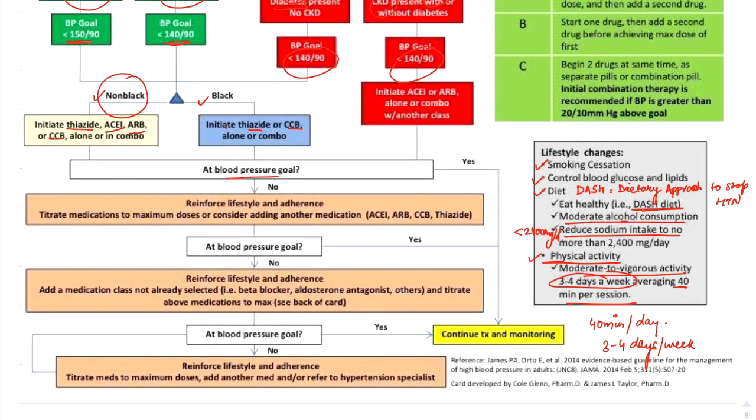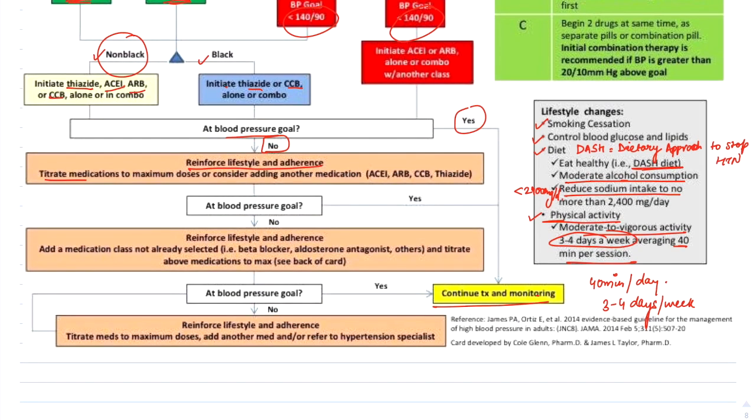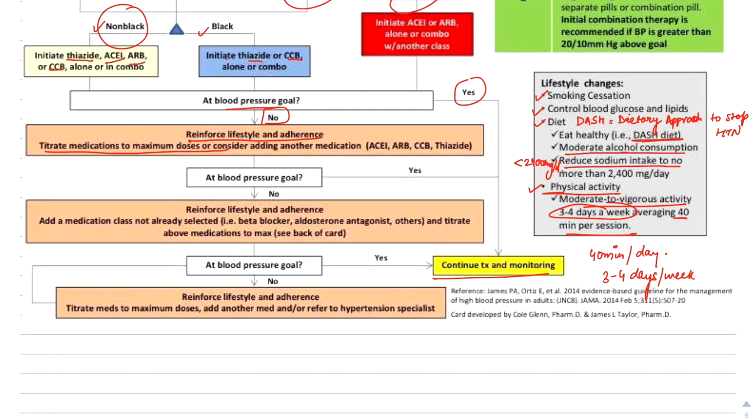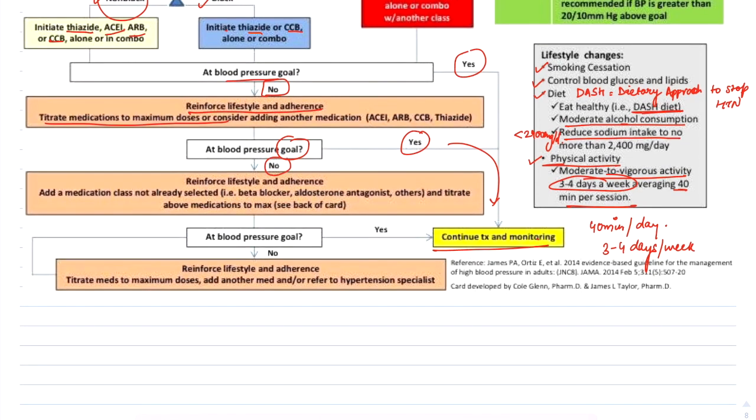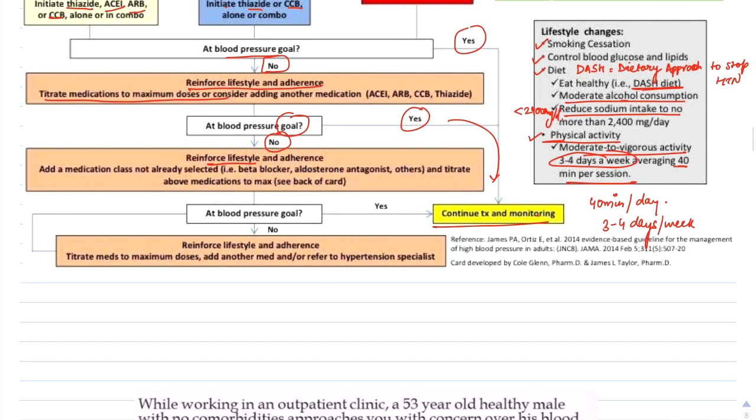If the blood pressure goal is achieved, then we should continue the treatment. If it is still not achieved, then reinforce lifestyle and adherence, and then titrate the medications to maximum doses. Okay, then we again check if the goal is achieved or not. If yes, then we continue the treatment and monitor, and if not, then we reinforce again and add a medication class not already selected.